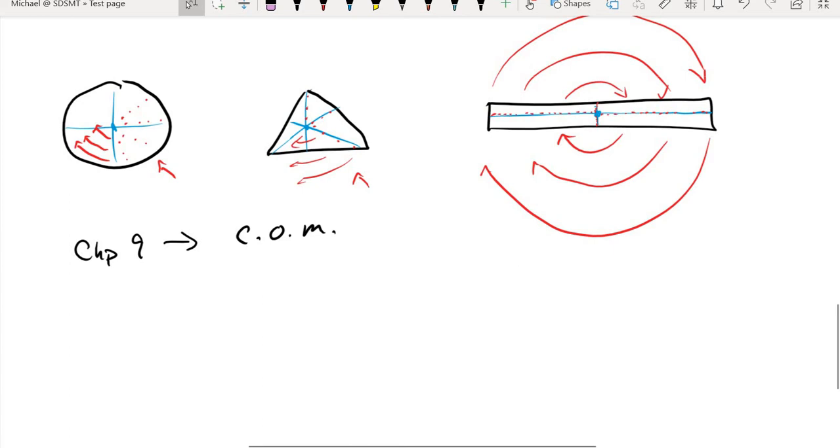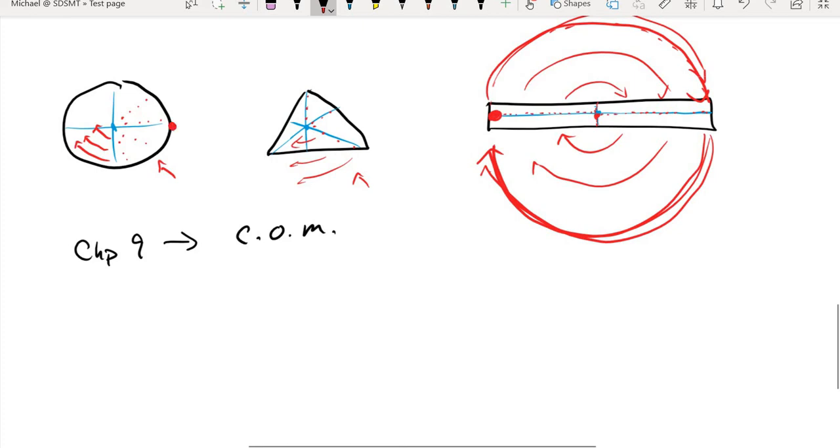And if you've ever had a meter stick or something, and you spin it around its center point, it takes a bit of effort to spin that stick around in a circle, because every one of these points on the ends has a very large displacement that it has to get around.